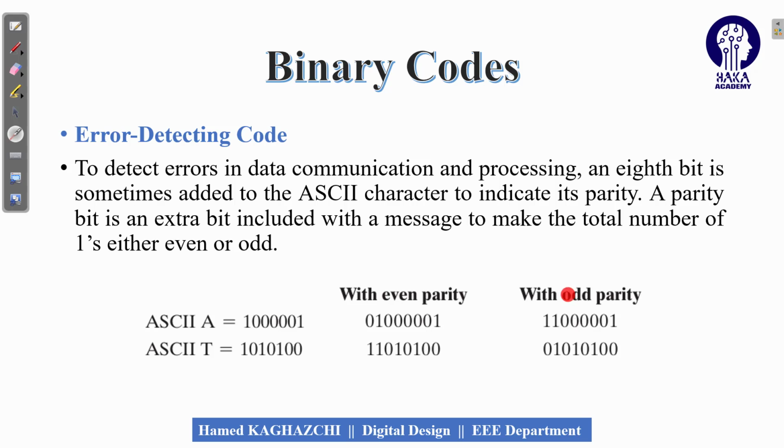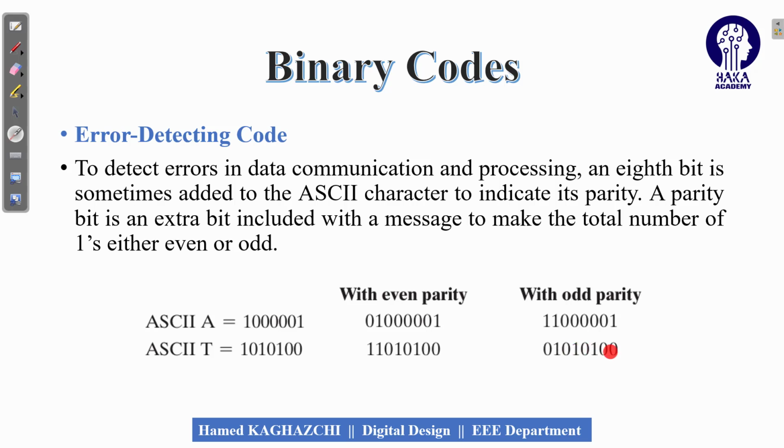Or if we use odd parity, we have to write the parity bit so that the number of ones is odd. Here the number of ones is even. Now by adding a 1 in this code, we make the number of ones odd parity.